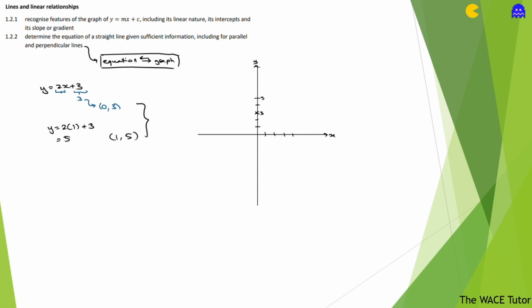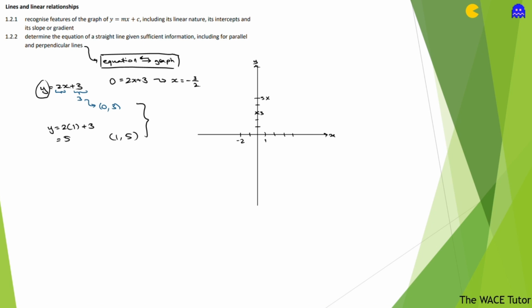So I know I pass through this point, and I know also that I pass through this point here. If I want to figure out what my x-intercept is, I have to set y to 0. And in this case, if I set y to 0, I get 0 equals 2x plus 3. And solving for x, I get x equals negative 3 divided by 2, which is negative 1.5.